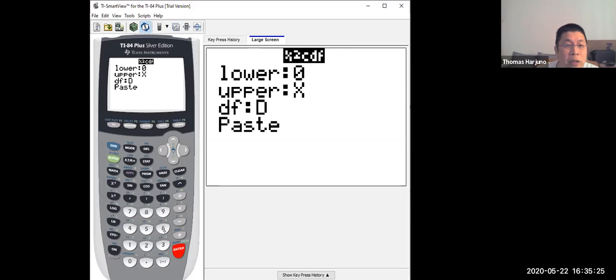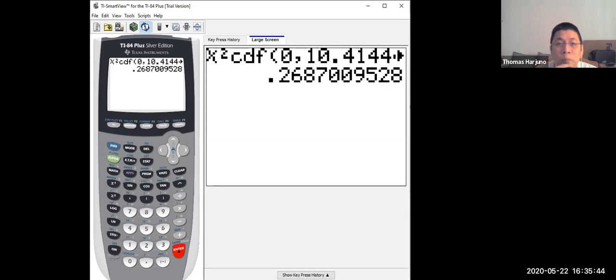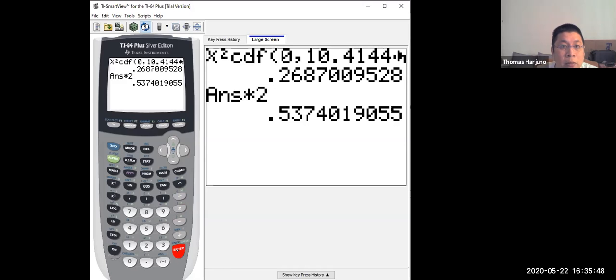So the lower bound is 0, then the upper bound is 10.41444, and then the degree of freedom is 14. And then I multiplied it by 2. That's how I get that.